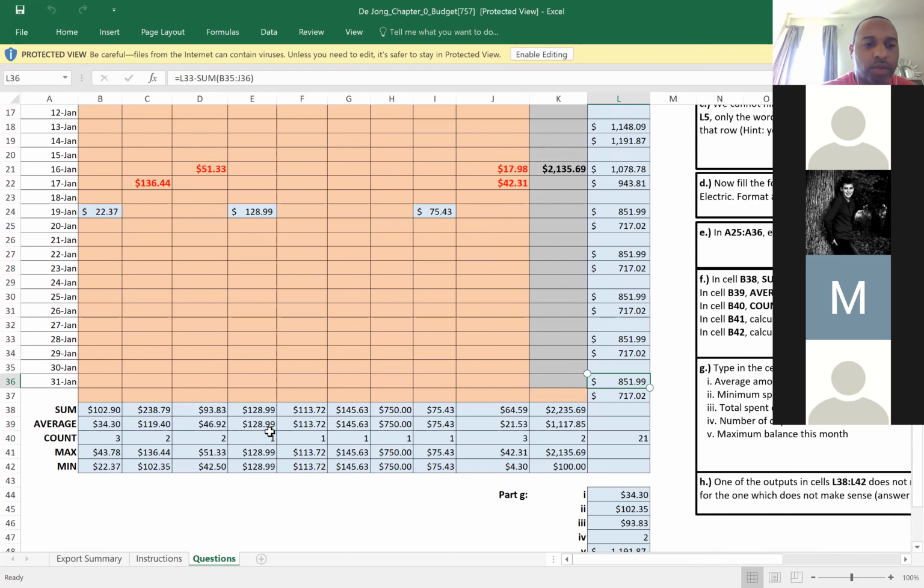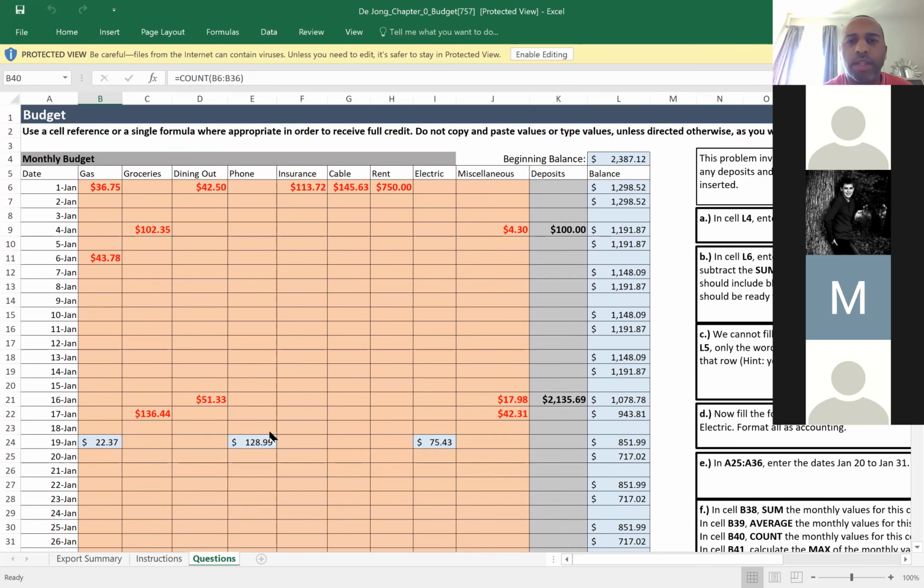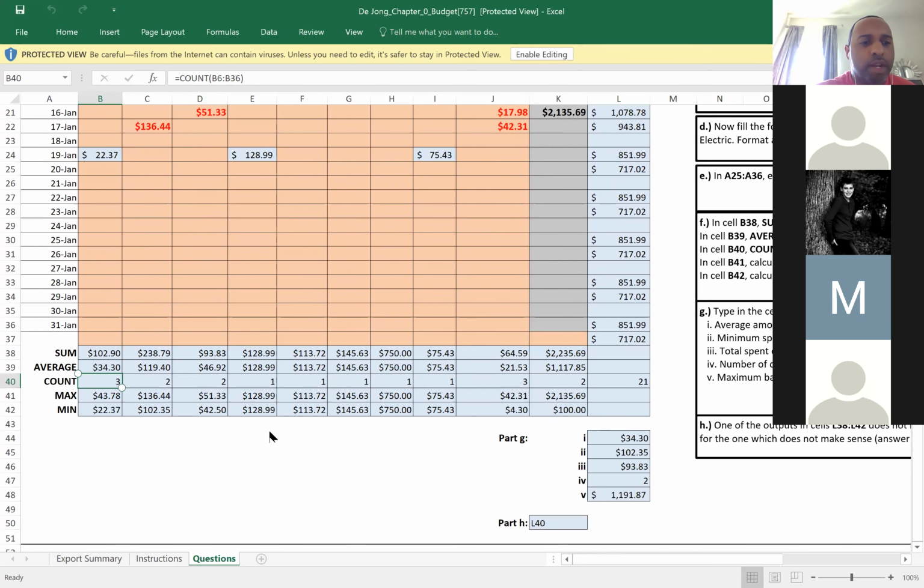So I'm trying to see, we got 3, 2, let's see this right here. Now, because I haven't read this part all the way through, this count row, is this 21 supposed to be those numbers added up? I know what it is according to the formula, but I'm saying what is it supposed to be?